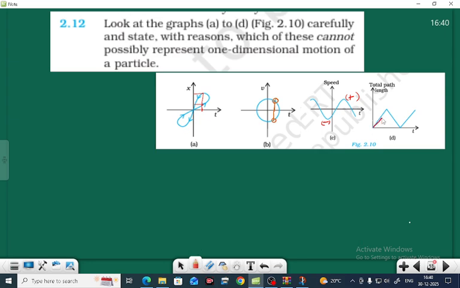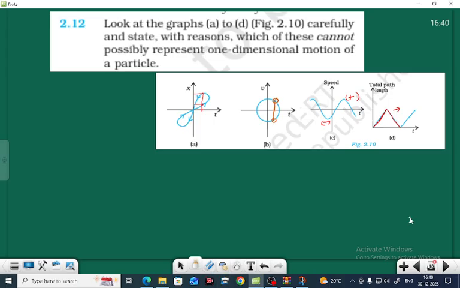This is positive, and here you see the path length is decreasing. It cannot be possible, right? The path length increases and then decreases. Decreasing is not possible. So you can write the answer in this way.